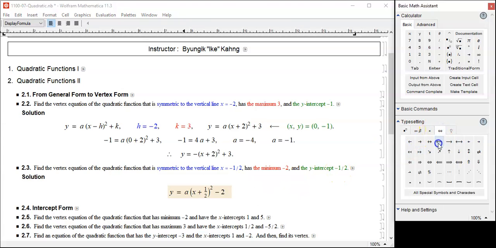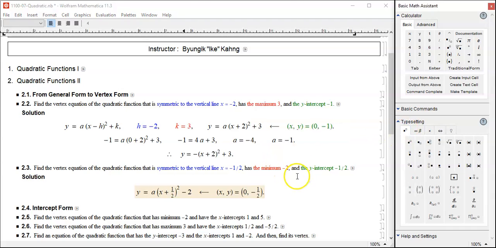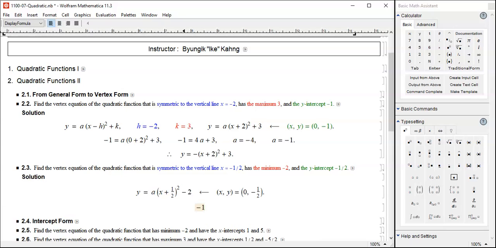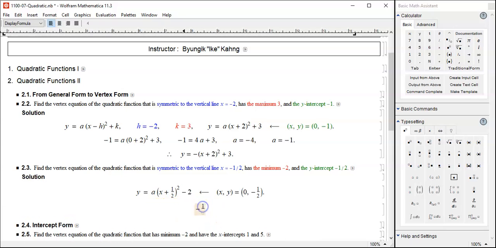So here, I'm plugging in x, y equals 0, negative 1/2. So if I plug in y equals negative 1/2, a times 0 plus 1/2 squared minus 2, so what is it?